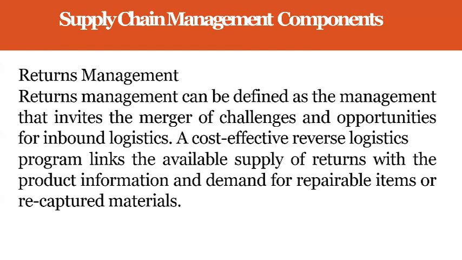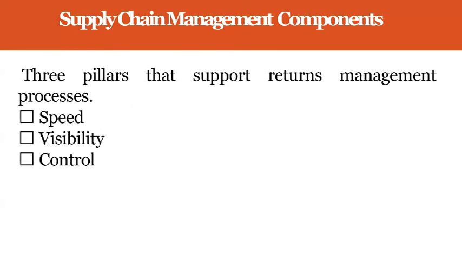Then returns management. It can be defined as the management that invites the merger of challenges and opportunities for inbound logistics. So a cost-effective reverse logistic program links the available supply of returns with the product information and demand for repairable items or recaptured materials. So there are three pillars that support the returns management.